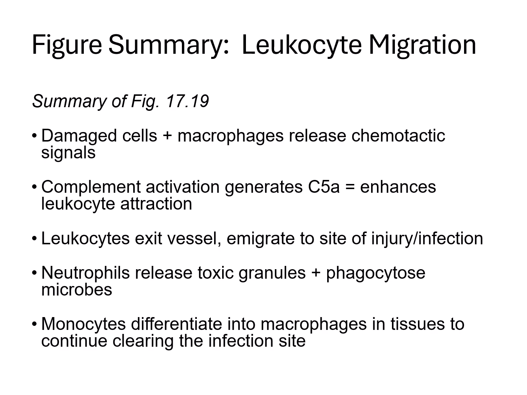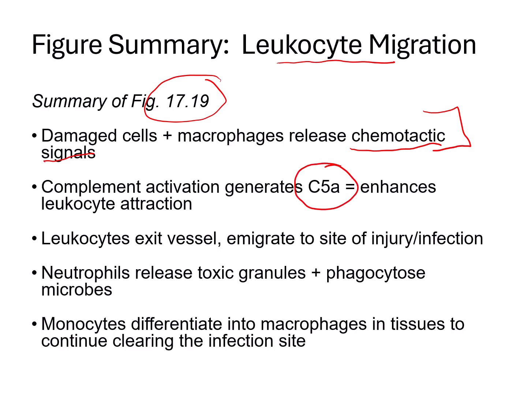In a second, I'll show you the figure that summarizes leukocyte migration, but before we look at that, I wanted to summarize the process you're going to see. First, we have damaged cells and resident macrophages that are releasing those chemotactic cytokines. Complement activation will generate that C5a factor, and that's going to attract leukocytes to the damaged area.